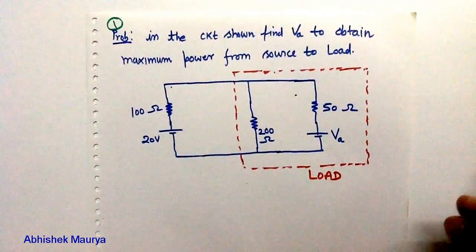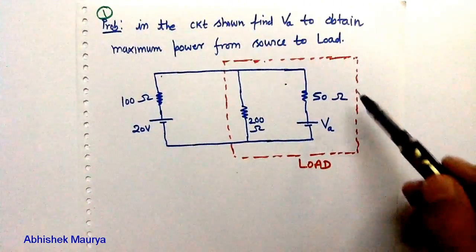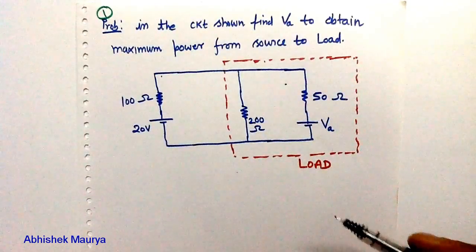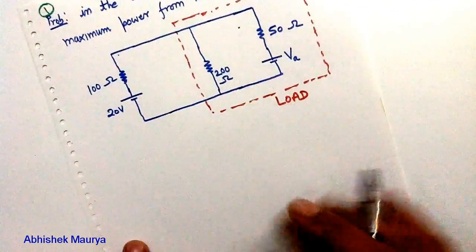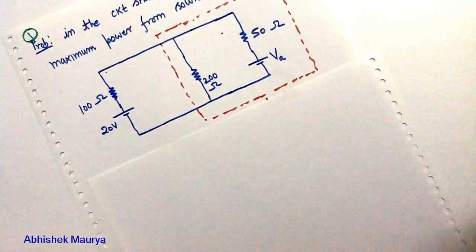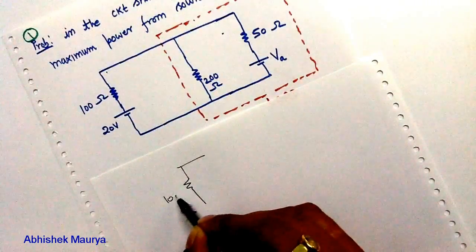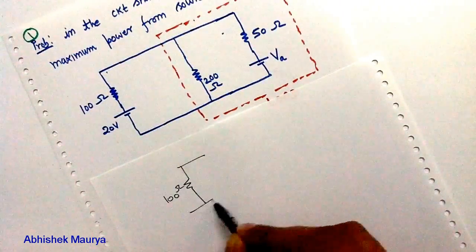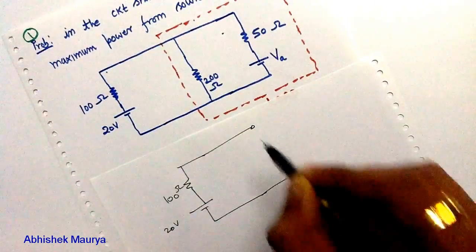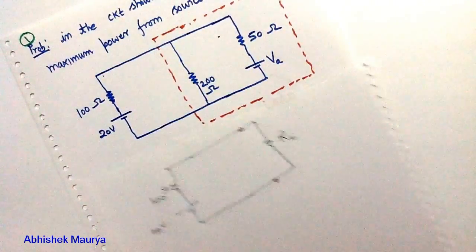This is the first problem. To solve this problem, first replace this load by a resistor. I am going to replace the load by a resistor RL.